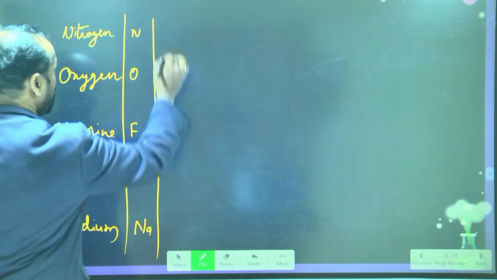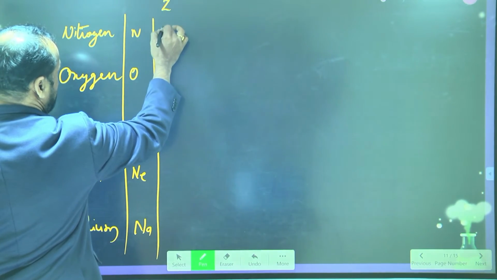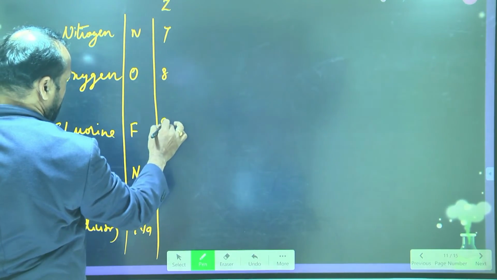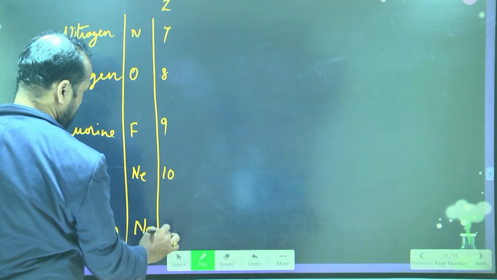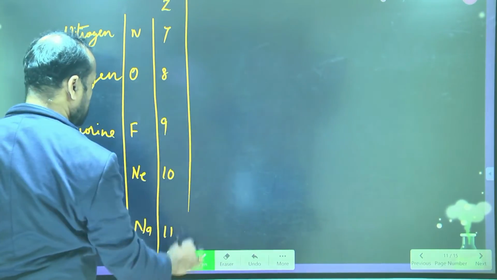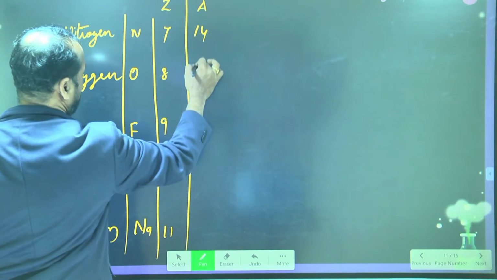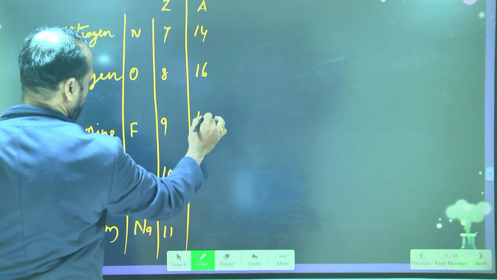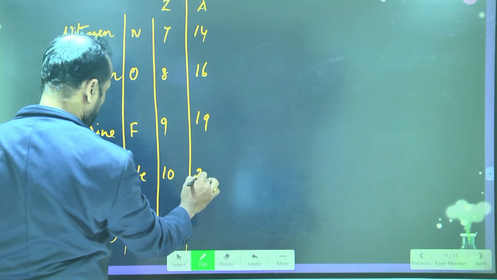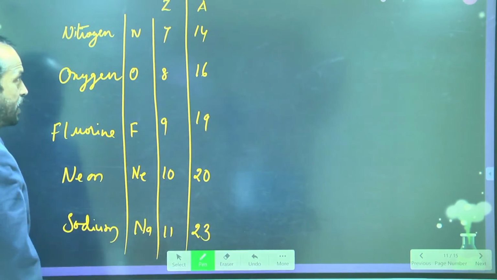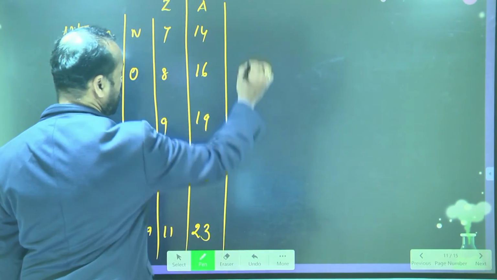Next, atomic number Z is 7, 8, 9, 10, 11. Next, mass numbers: nitrogen 14, oxygen 16, fluorine 19, neon 20, sodium 23. Only this I am writing. The remaining part you have to complete.